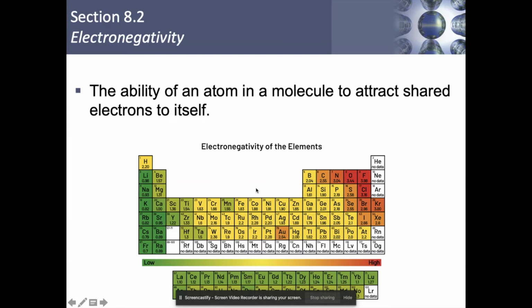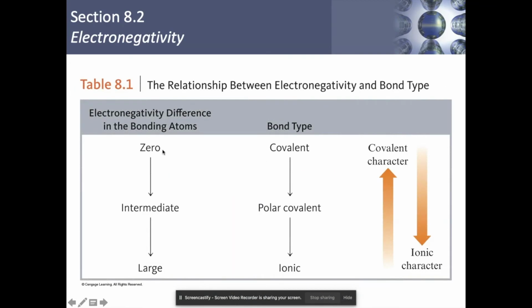Some books say yes, there is like a cutoff for what makes something polar covalent versus ionic. But for the most part, it's kind of a sliding scale. So if there is zero difference in electronegativity, the bond type is purely covalent.